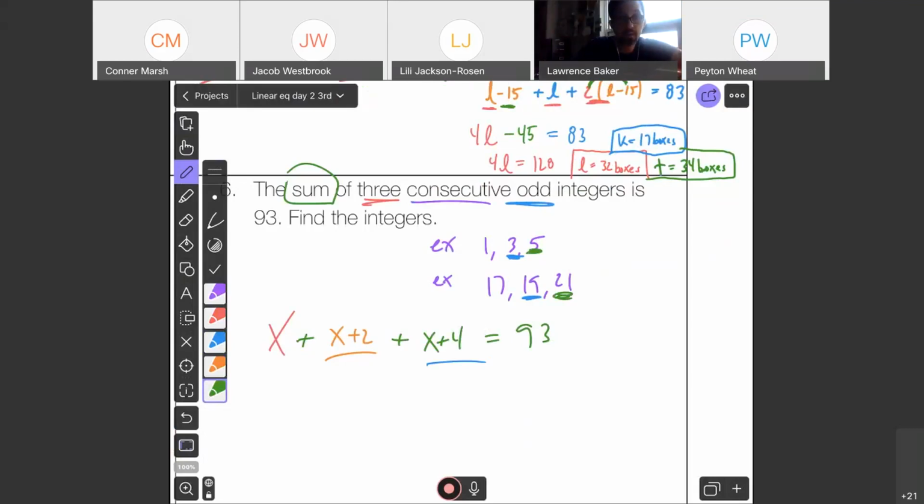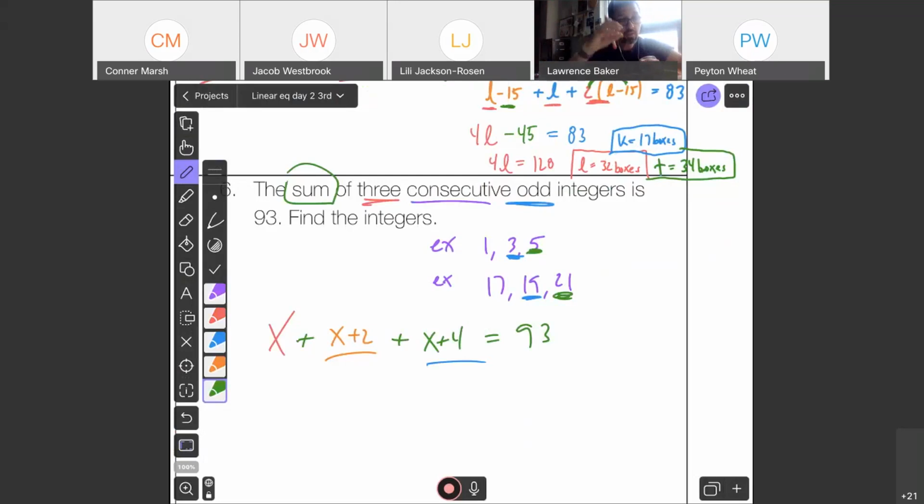Since we're just doing the odds, we have to add 2, and then add 4 to go consecutive. It'd be the same thing with evens. If I was going to write a list of consecutive evens, it would be one number, x, then the next number 2 away, and the next number 4 away. So it doesn't matter if it's even or odd how you write it.